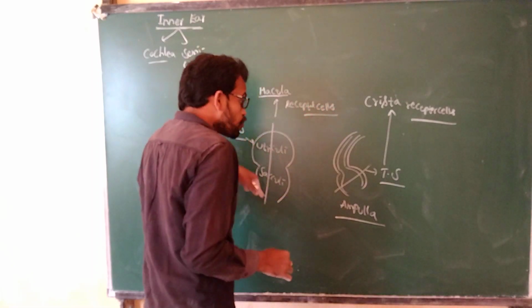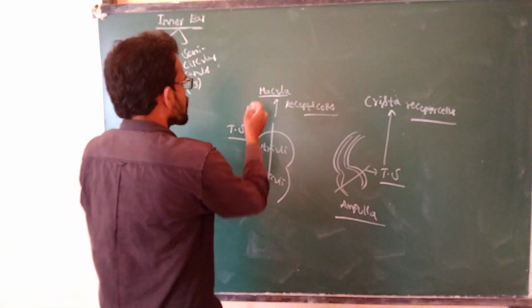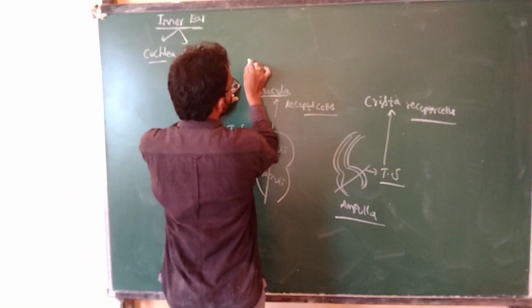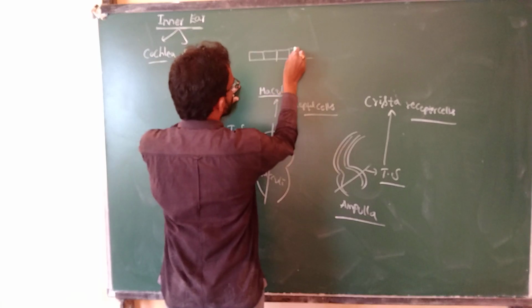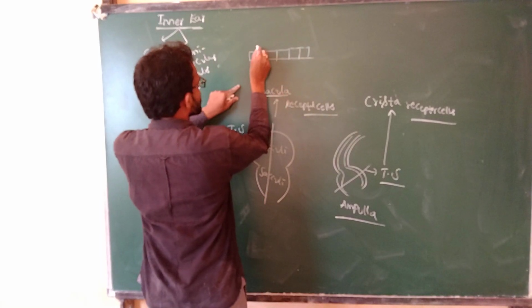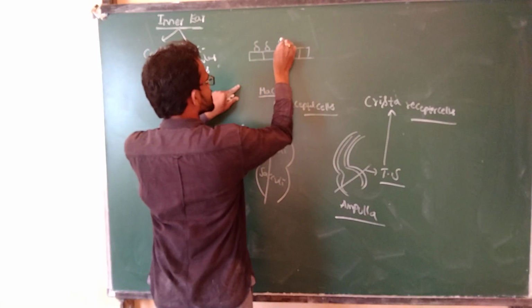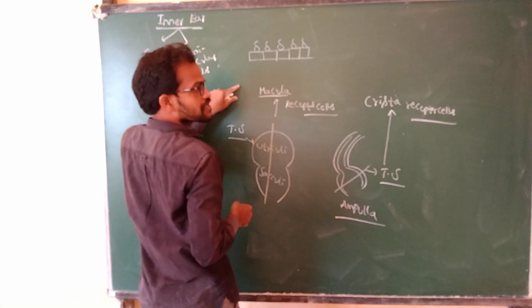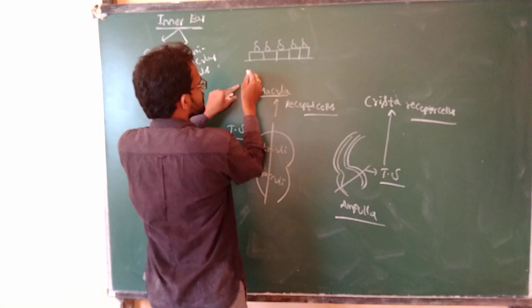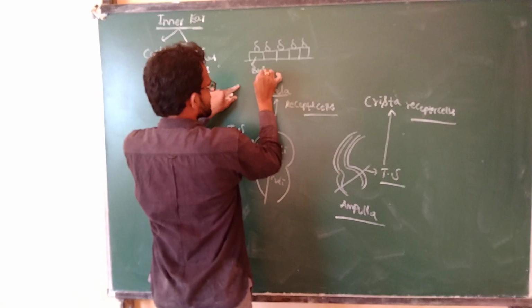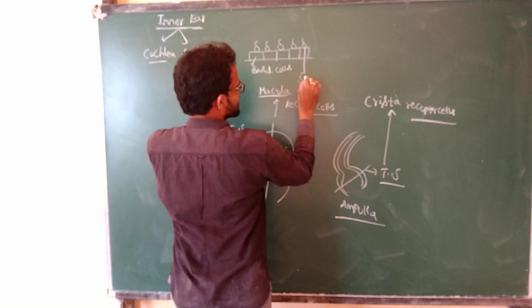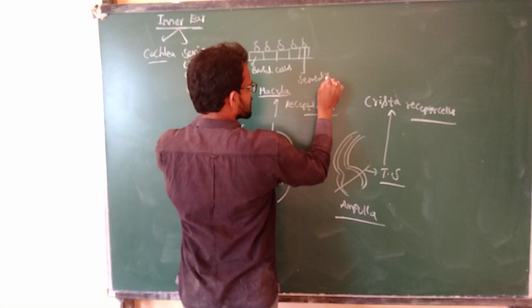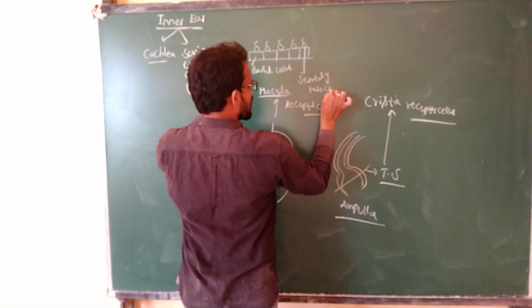How do these receptor cells exist? See here, the macular cells. It is a basal cells layer. The basal cells consist of sensory hair cells.